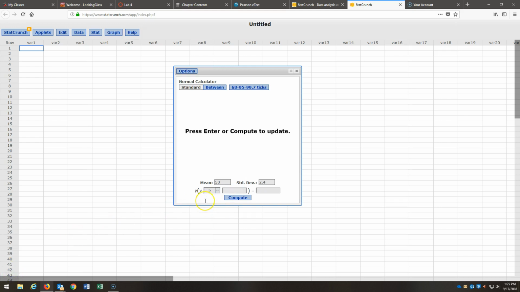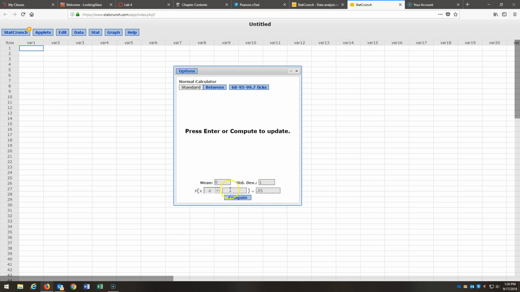When we're working with z alpha, first of all, z indicates we need to be in the standard normal distribution with a mean of 0 and a standard deviation of 1. When looking for z alpha, we're talking about a right tail area. For z 0.05, for example, 0.05 is the area in the right tail.